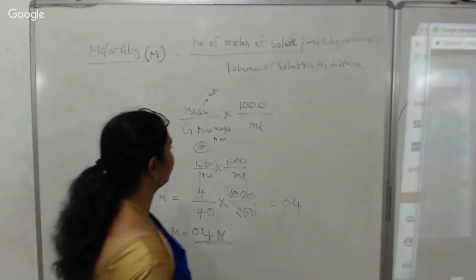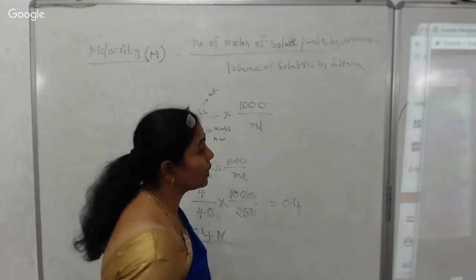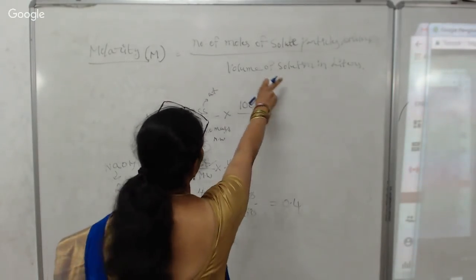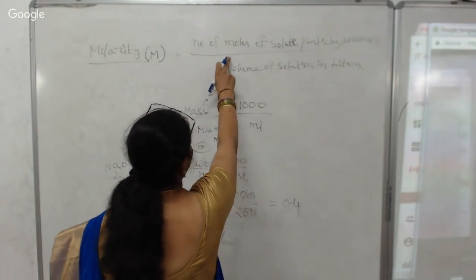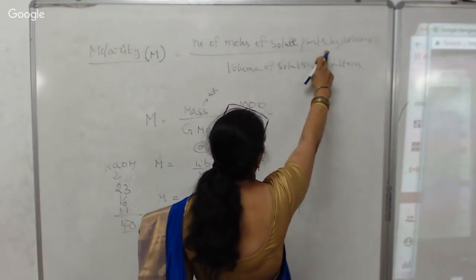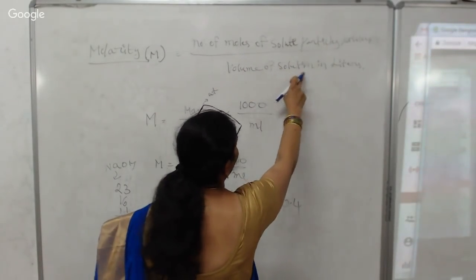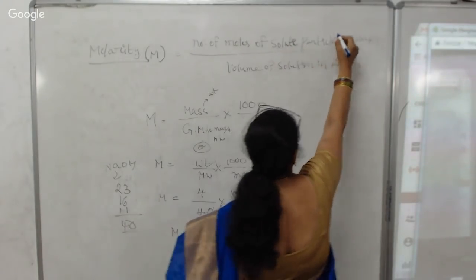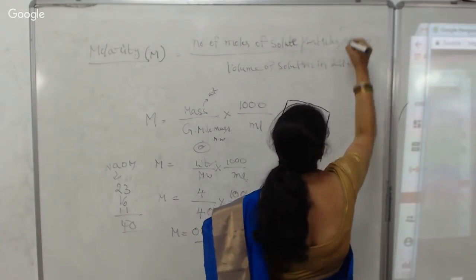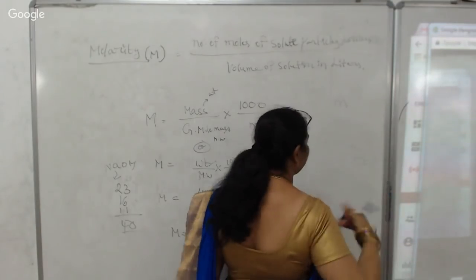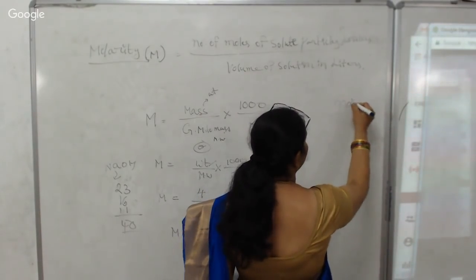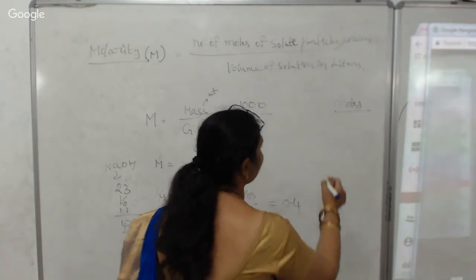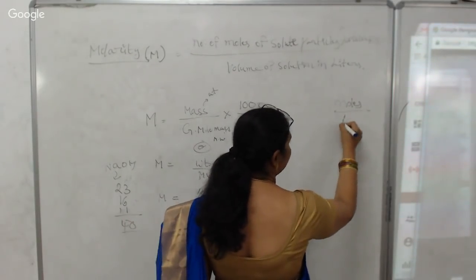How you write the units of molarity is also very, very important. Now see the original formula: molarity is the number of moles of solute particles divided by volume of solution in liters. Number of moles means you write moles, and volume of solution in liters means liters.